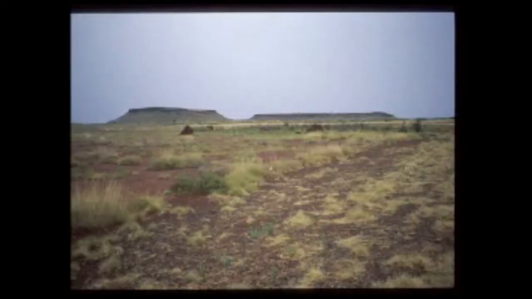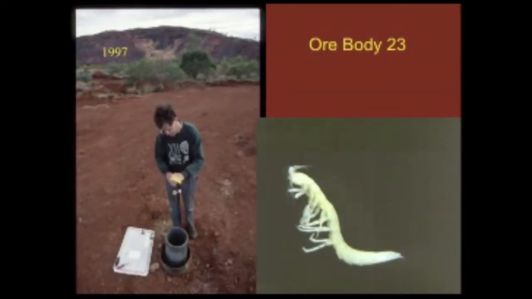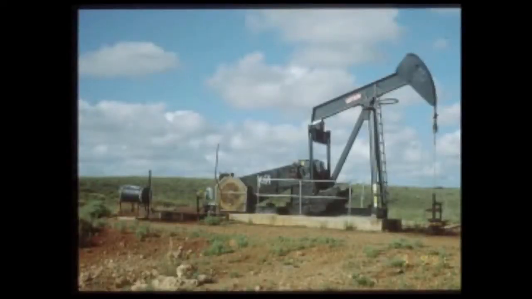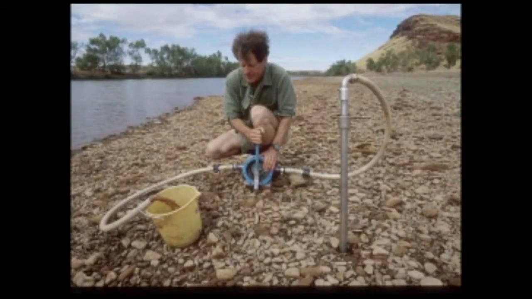We look in mesas. Some of you will know those on the way up in the Ashburton Valley, most of them being mined now because they're iron ore. An iron ore mine, Pilbara, Barrow Island, very diverse fauna there. And you get smaller voids in the gravels that accumulate when the rivers fall off the plateau onto the plain.